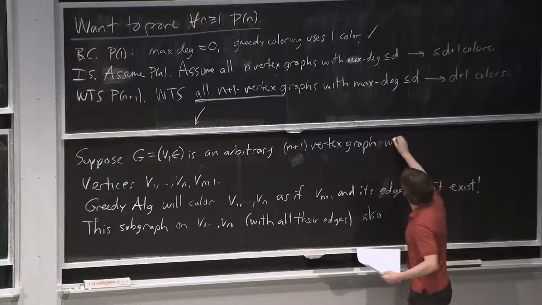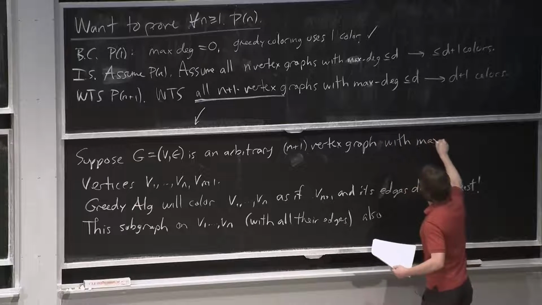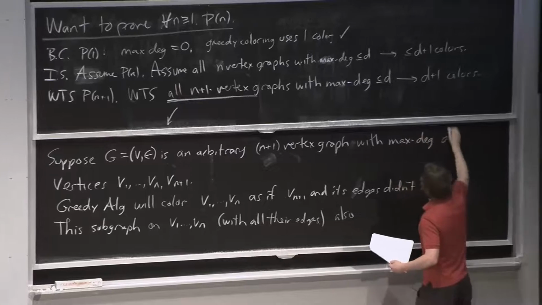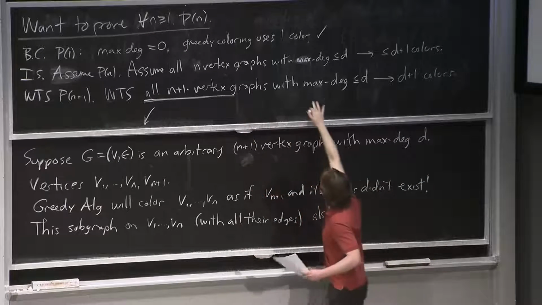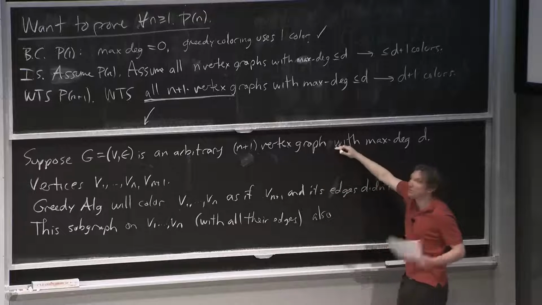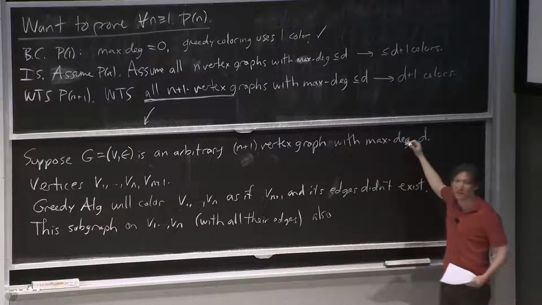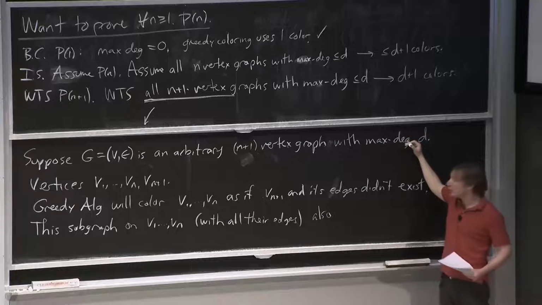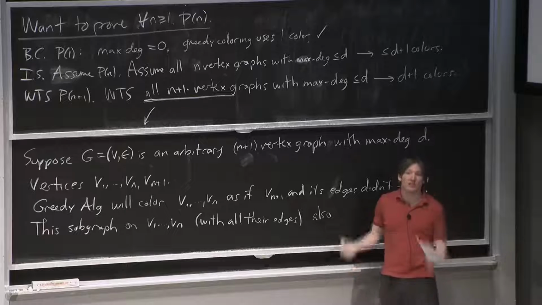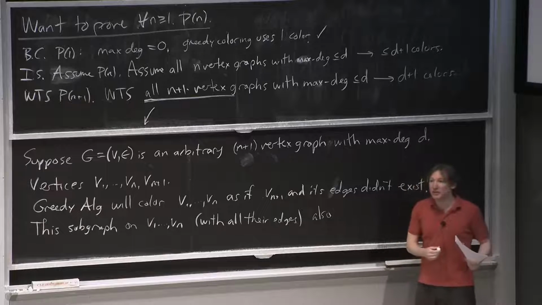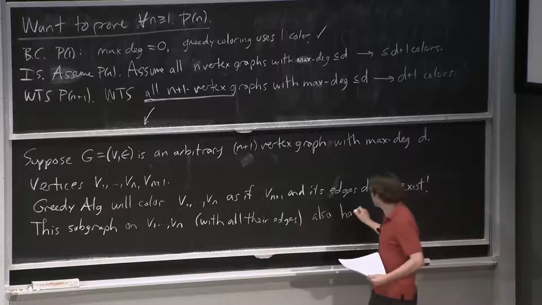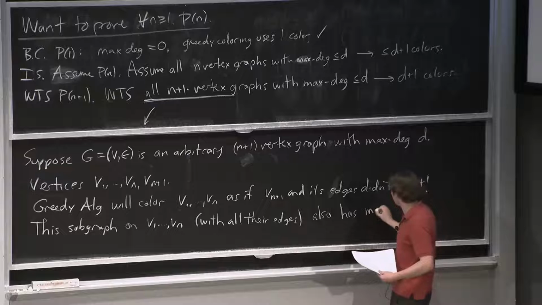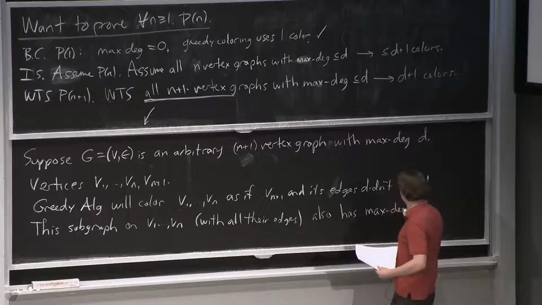Sorry. We're supposed to prove something about all n plus 1 vertex graphs with max degree d. So assume G is some n plus 1 vertex graph with max degree d. Then when we look at the subgraph, where we're only taking some of the vertices and some of the edges, well, degree can't go up when you do that. So this subgraph also has max degree at most d.